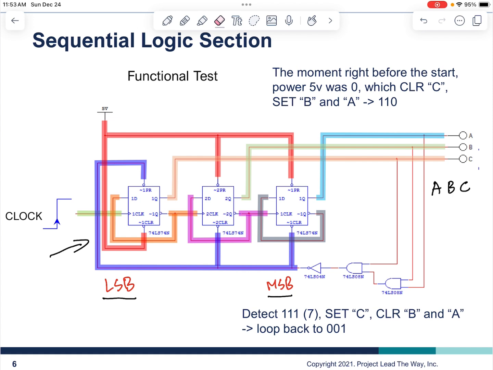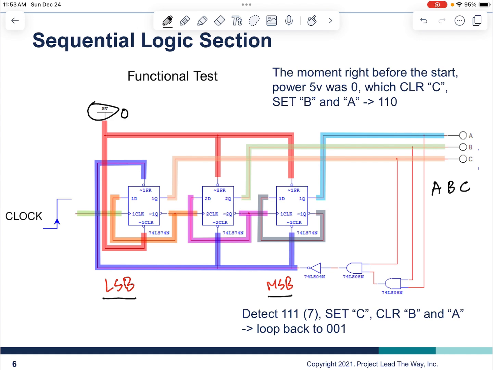Right at the moment before you turn on the power, before you turn on the switch, that's a 0.